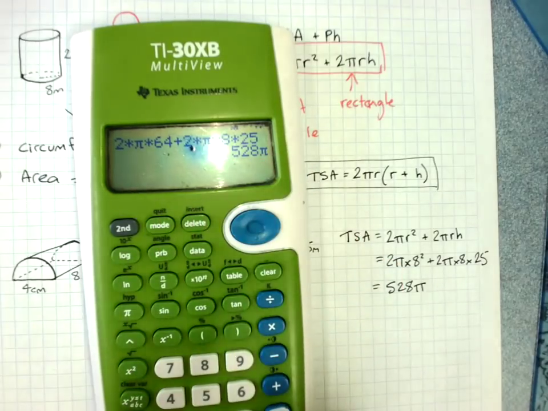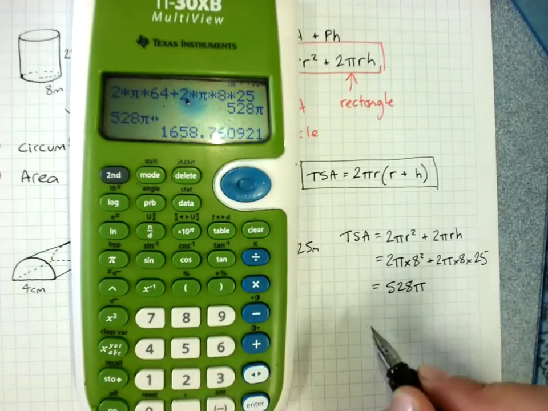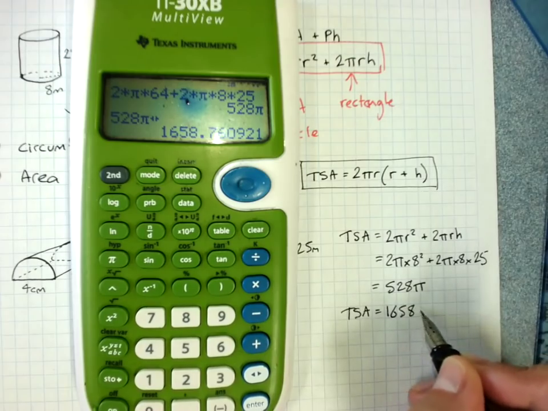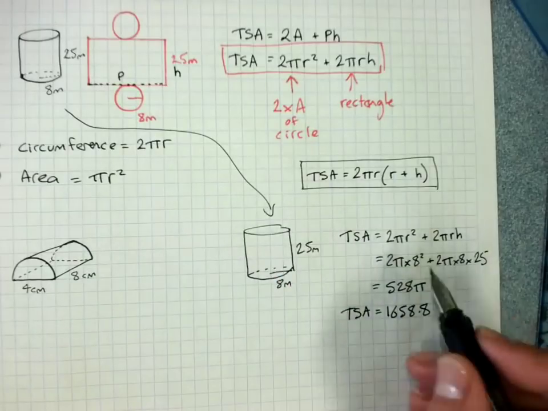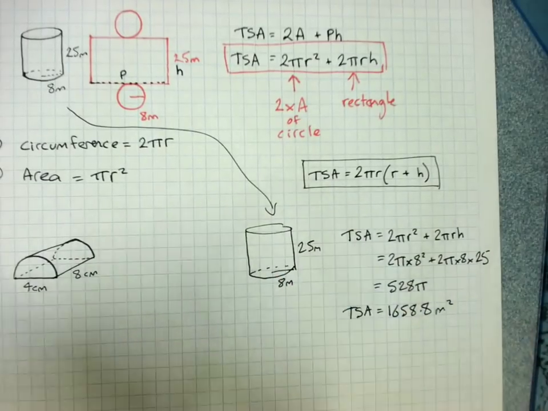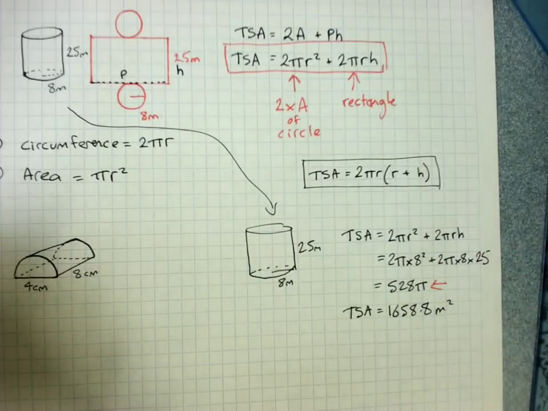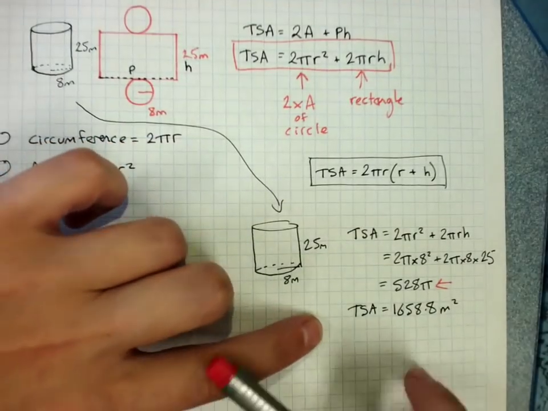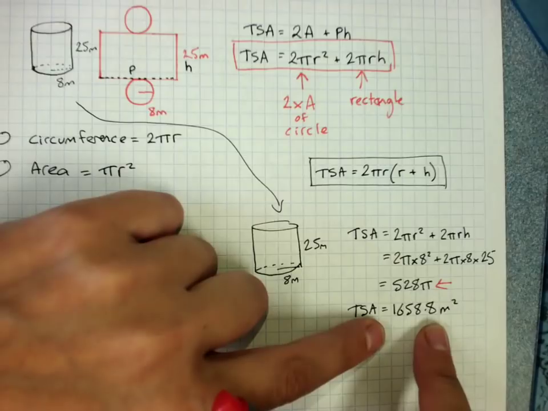If you don't want an exact value answer, evaluate using your double arrow key. And units are meters squared. This line here is not necessarily needed, but remember, if you're going to be doing any further calculations with this answer, you'd be better off to keep an exact value as well as a rounded value.